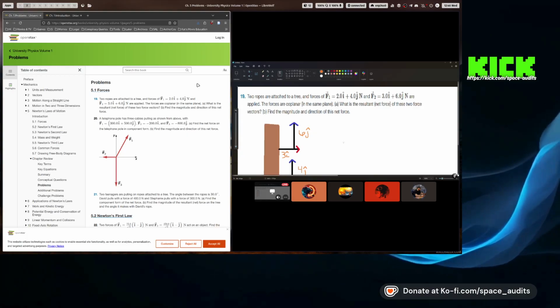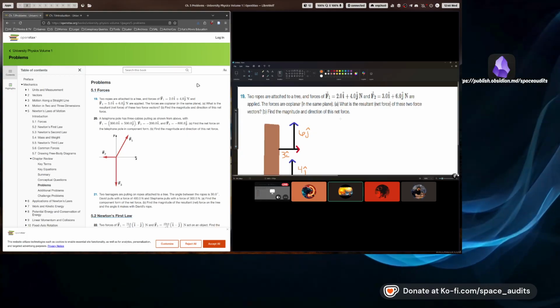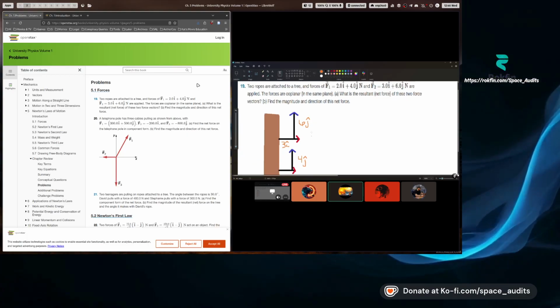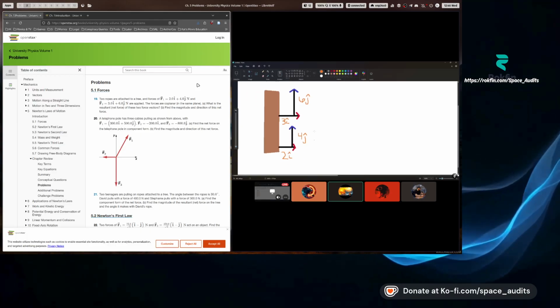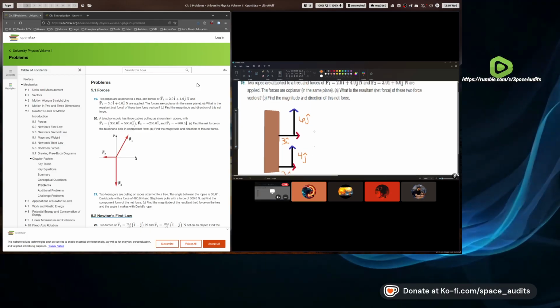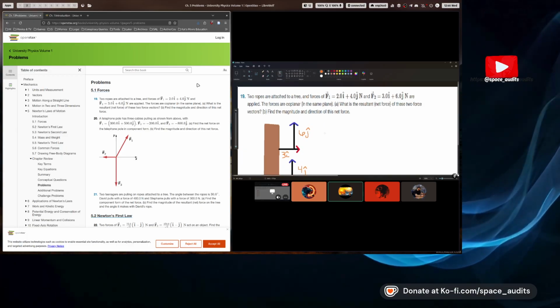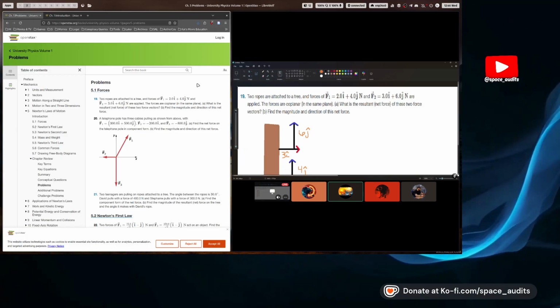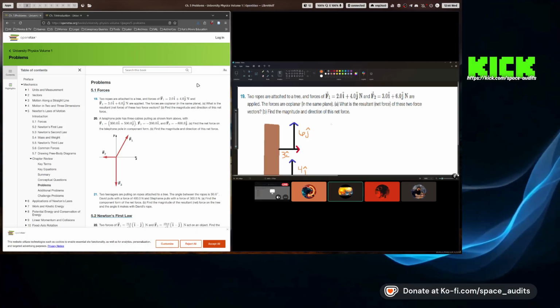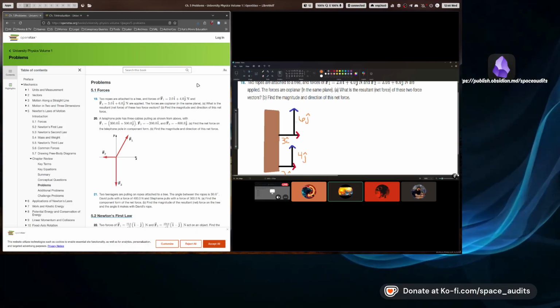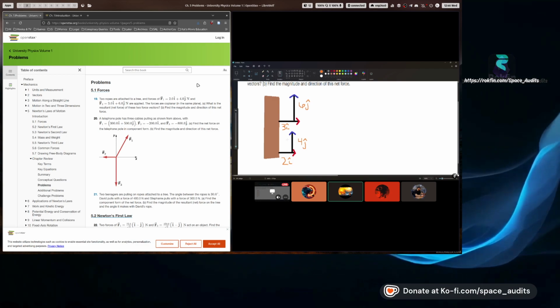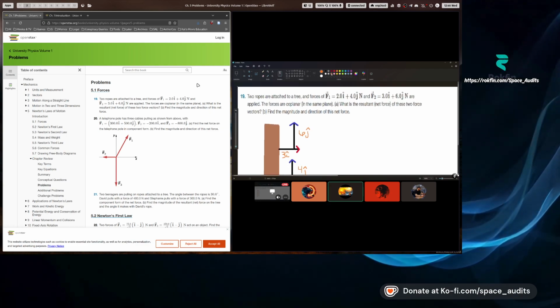So in order to figure this out, we have to remember there are different ways to calculate forces, but the easiest way when we're talking about net forces is to separate it into its X and Y components. Because if we separate it into its X and Y components, we can just use simple trig to get the net resultant force.